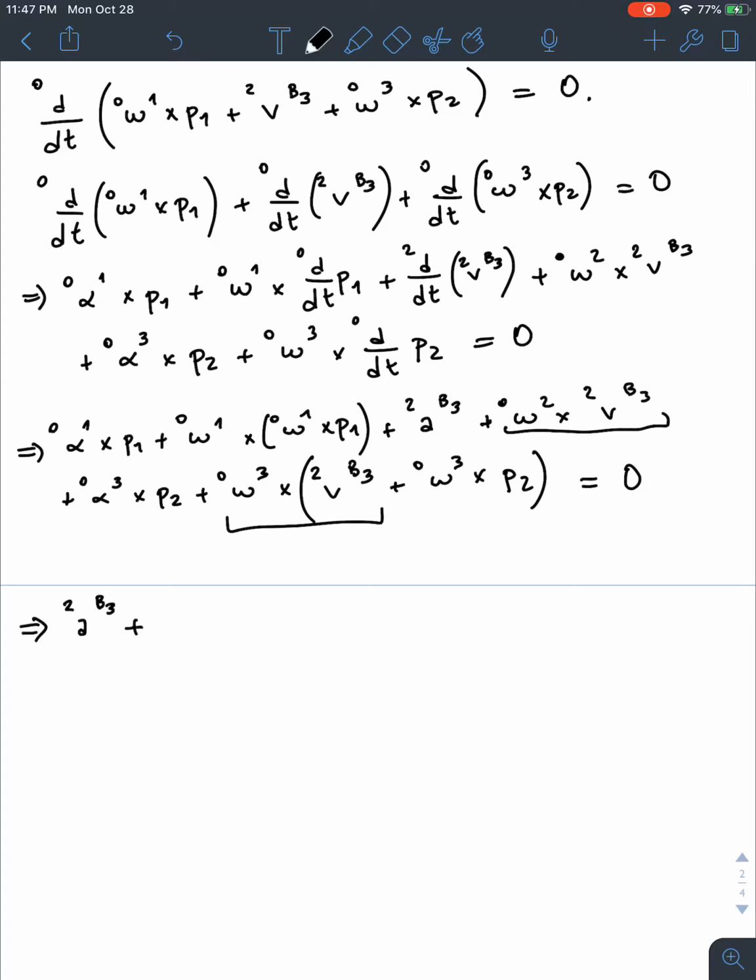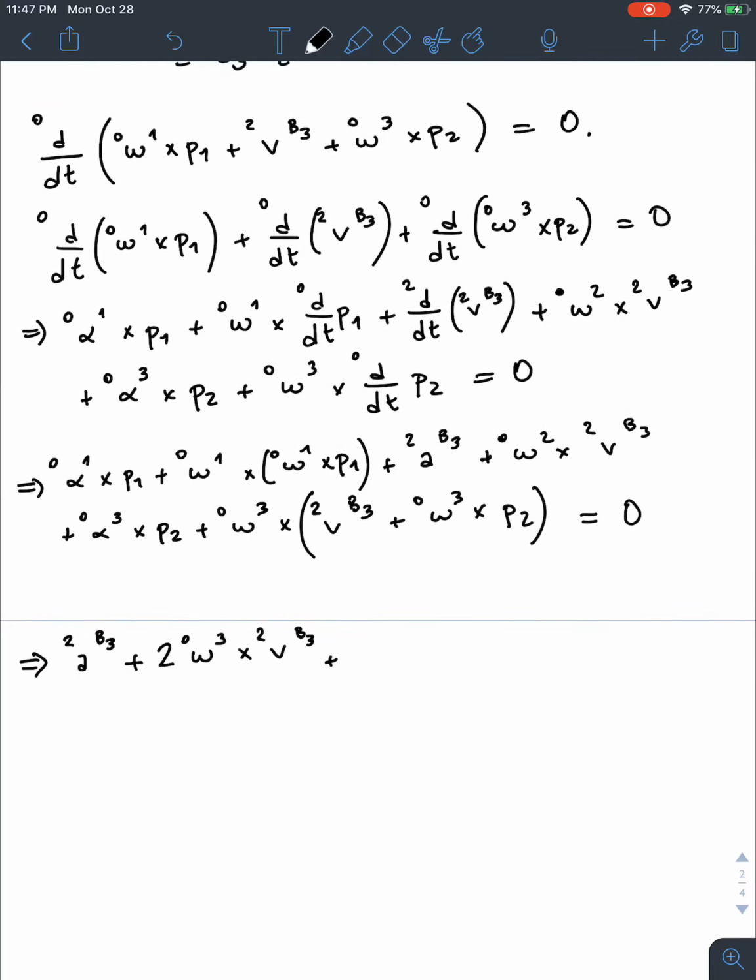Those two terms are exactly the same, so I can just add them together and make them 2 angular velocity of 3 in 0 cross velocity of p3 in 2. Remember, this was the Coriolis acceleration, the one that I've just written.